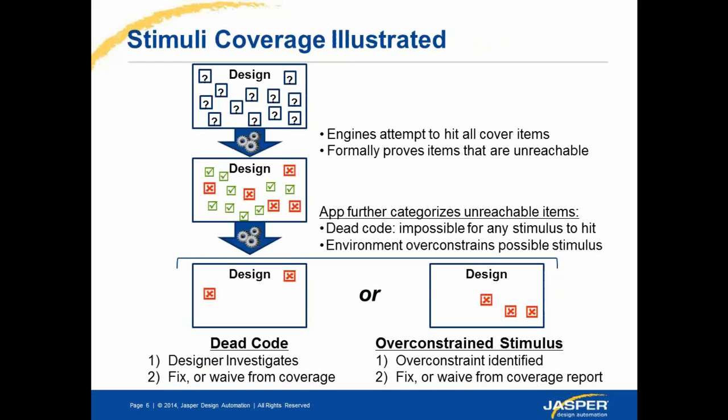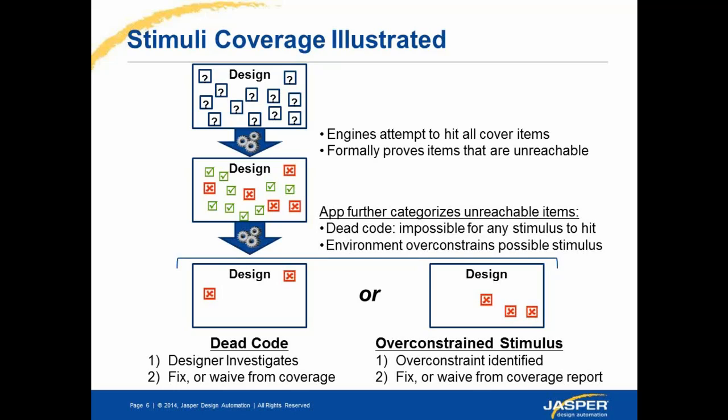Jumping into the first one, stimuli coverage. In the first case, your designer runs your RTL in a completely unconstrained way. And whatever portions of your RTL haven't been hit are dead code. So the designer or the verification engineer can analyze the RTL and figure out if these portions are intended, or maybe it's just a default case statement you have put in there because your linting tool is complaining, or your company's design coding standards require it.